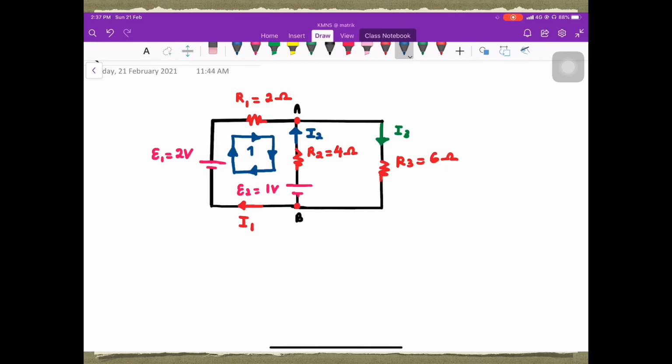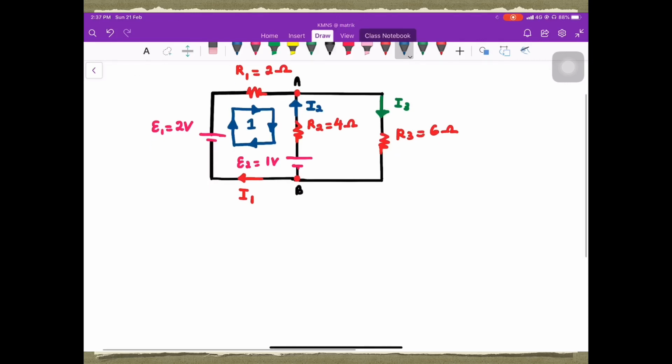You can label it loop 1. Next, this is loop 2. I want anti-clockwise. It will be okay if you want to choose the same direction as loop 1.